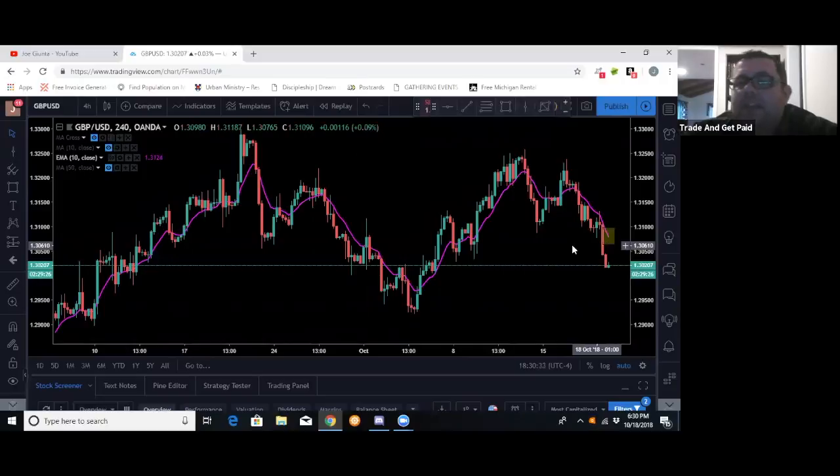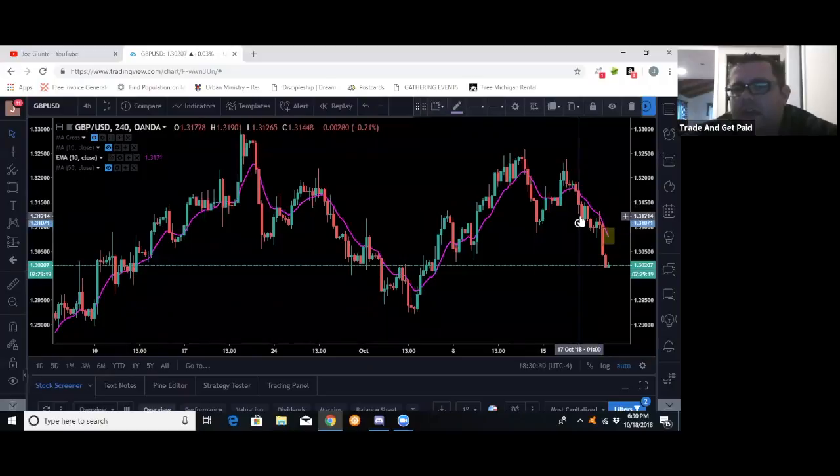On an exponential moving average, it still gives you those 10 candles. However, the difference is that from here, it's going to take those last 3 or 4 candles and put more emphasis from here forward.